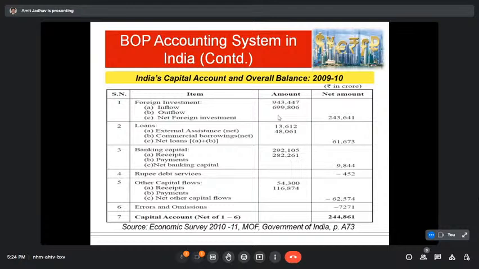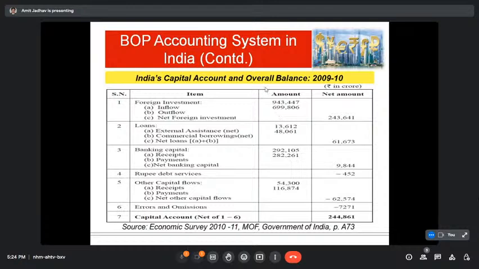When we see India's capital account balance in 2010-11, our outflow is smaller than capital inflow, and that's why in the capital account India is getting a surplus of 2,44,861 crore.